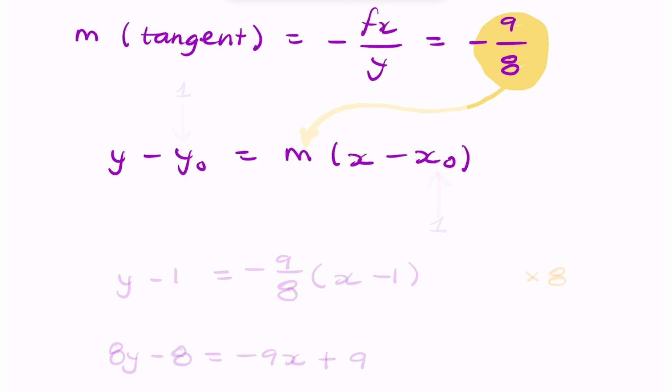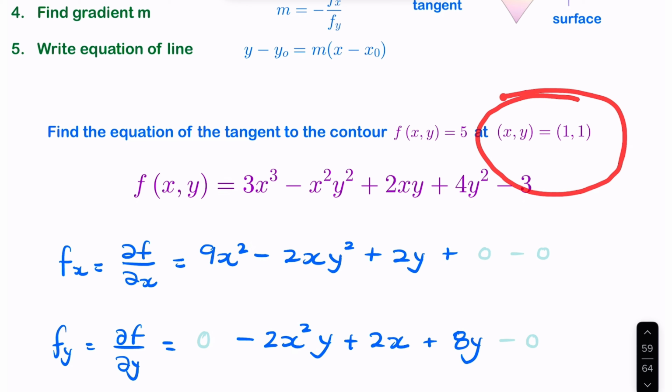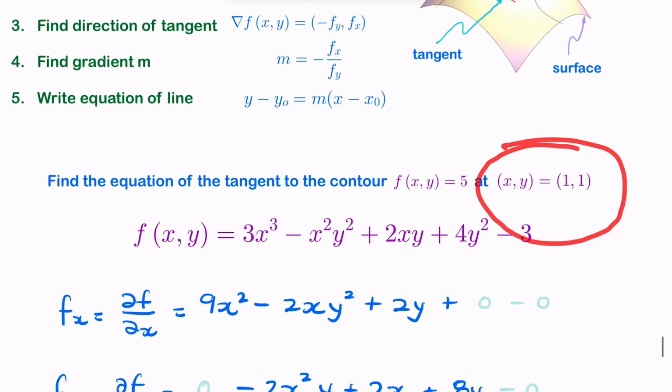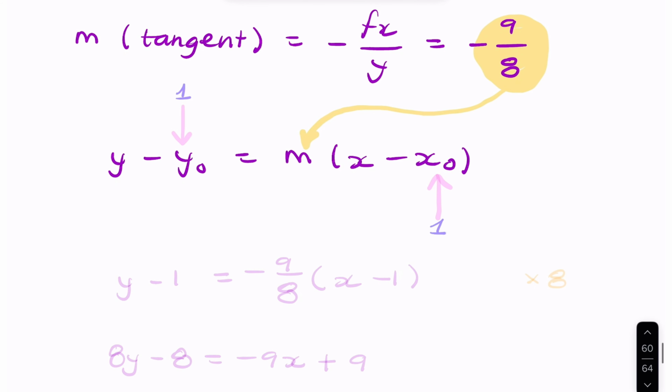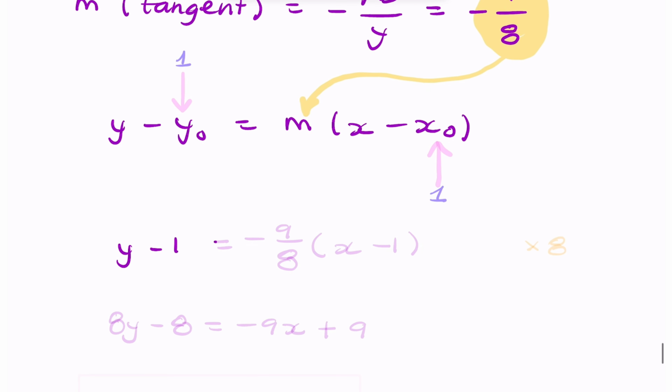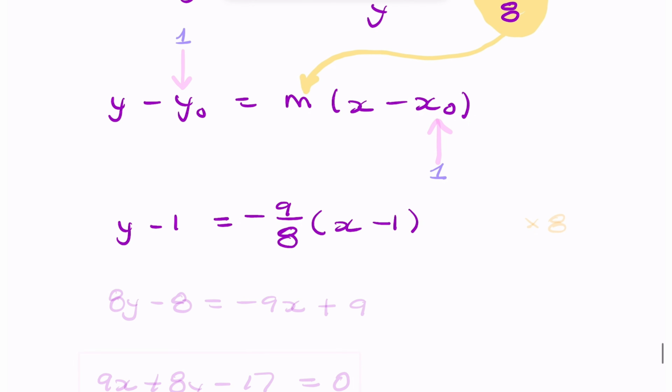So that goes in there. You've got x naught and y naught. These are given in the question as 1 and 1. So we can now write that as y minus 1 equals minus 9 over 8 times x minus 1.